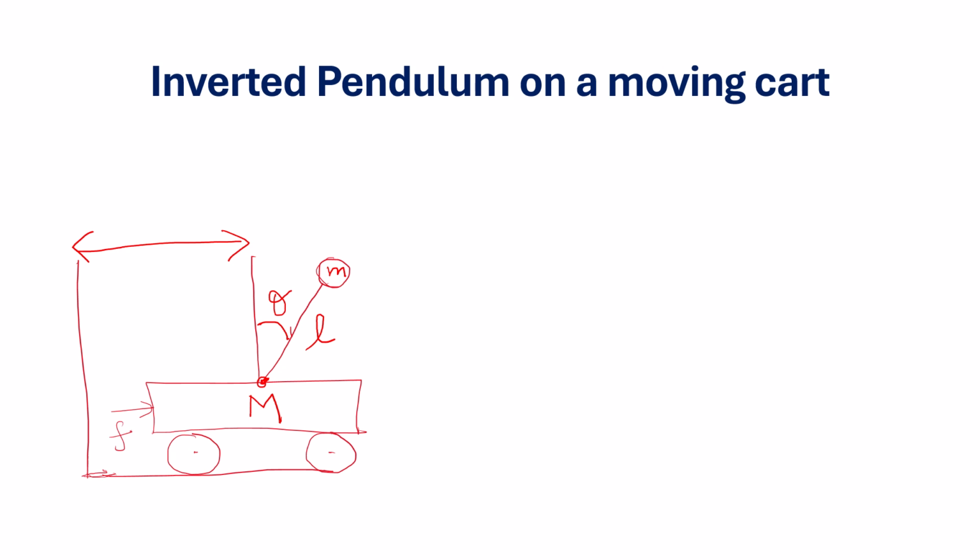So you can define the motion of this system by two coordinates: the displacement of the cart from the reference point, denoted y, and the angle theta.